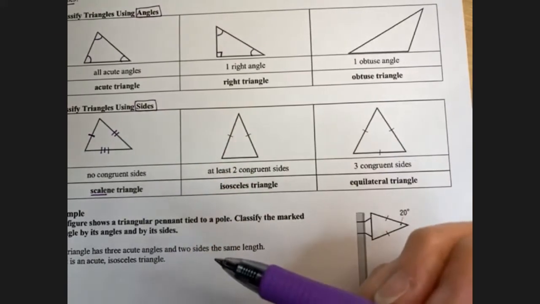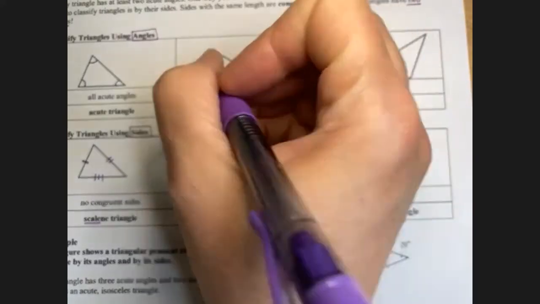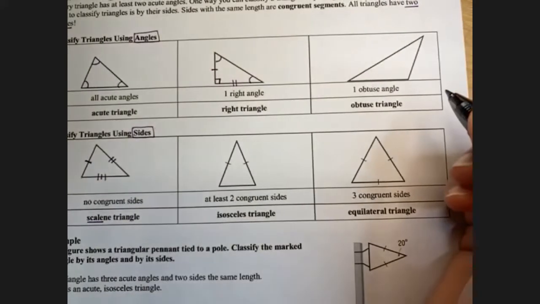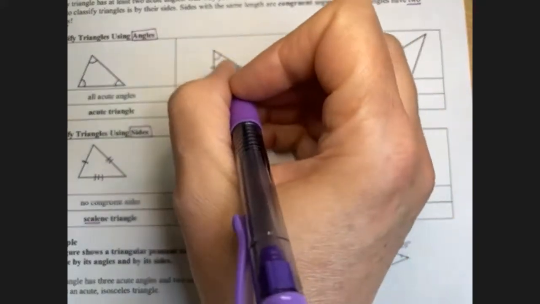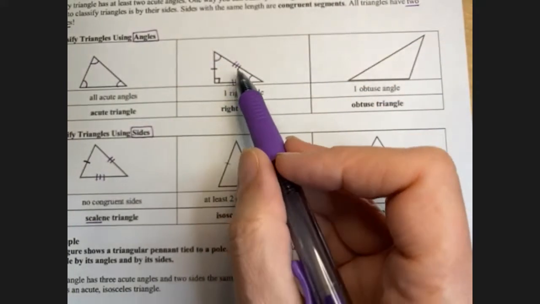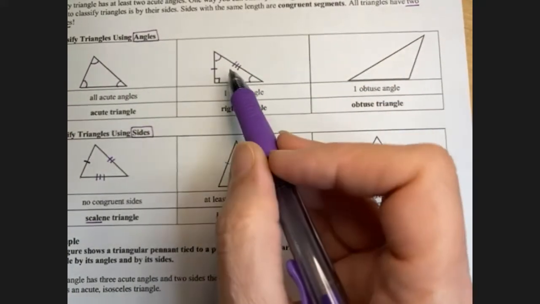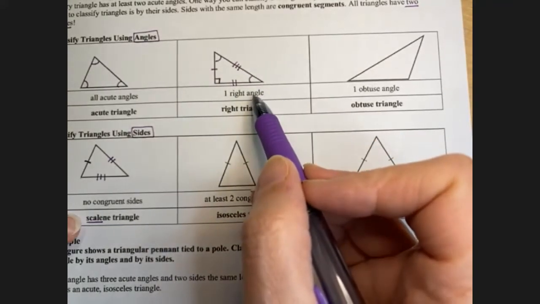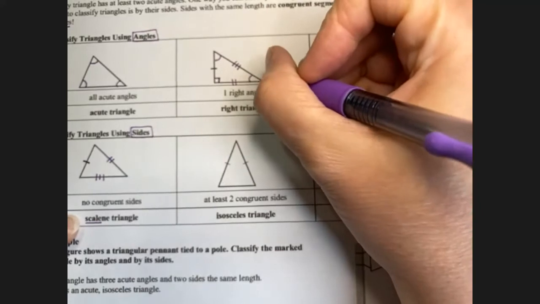Right triangles do have other names, so I'm going to go ahead and mark this. I know that this length is different than this length. It's pretty obvious. And I know that this length, which is actually going to be called the hypotenuse, which you'll get into next year, hypotenuse is only on right triangles, that's a different length. And since all 3 are different, this is right scaling. So I'm just going to put the last name on here.